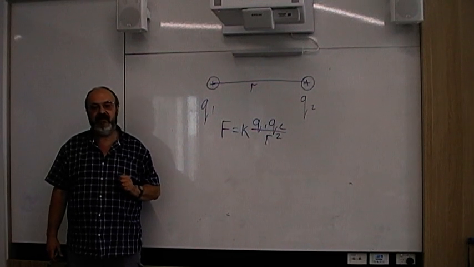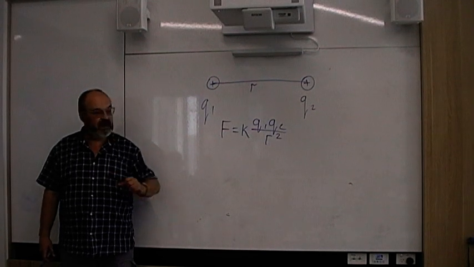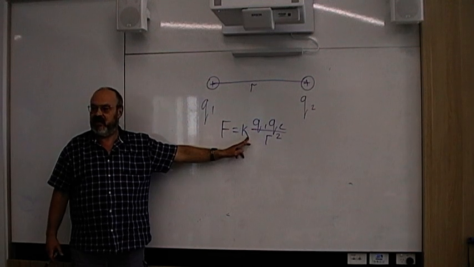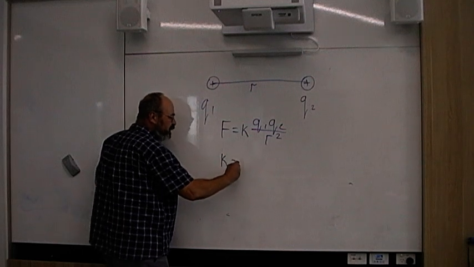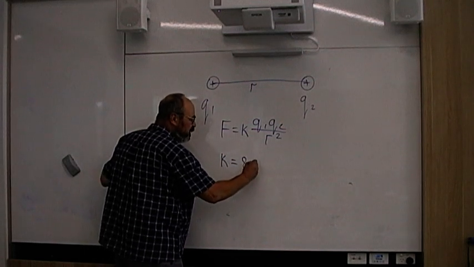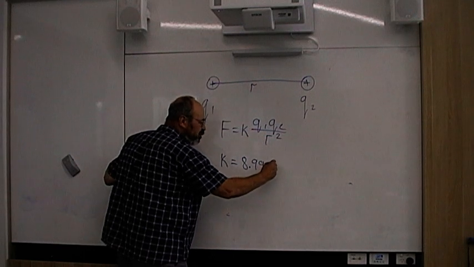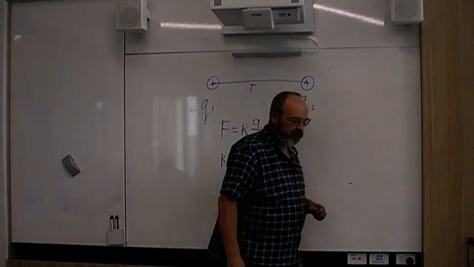But where is the significant difference? In the law of gravity, the coefficient was 10 to the negative 11. K in Coulomb's law equals 8.99, or in calculations we will use 9 times 10 to the power positive 9.